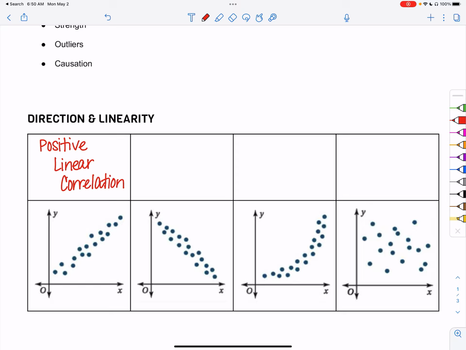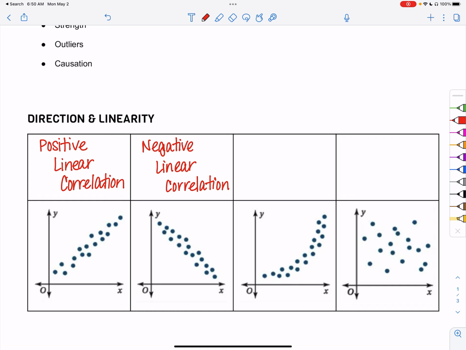The second scatter plot is what we call a negative linear correlation, because it's going down from left to right. Positive goes up from left to right, negative goes down from left to right.